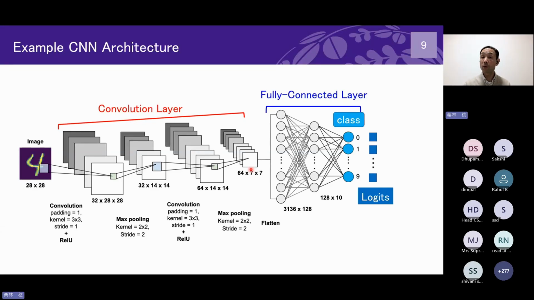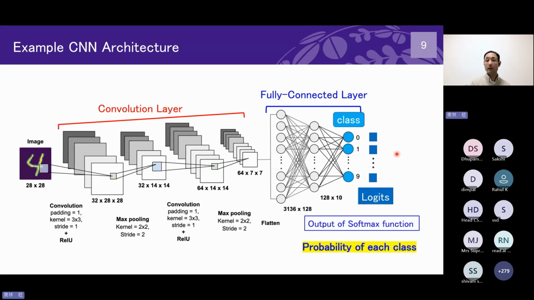Then, using the fully connected layer, the feature elements extracted from the input image are classified into certain classes, which have labels. Then it outputs the probability for each class. The output could be a softmax function, meaning the probability of each class is output as a logit.